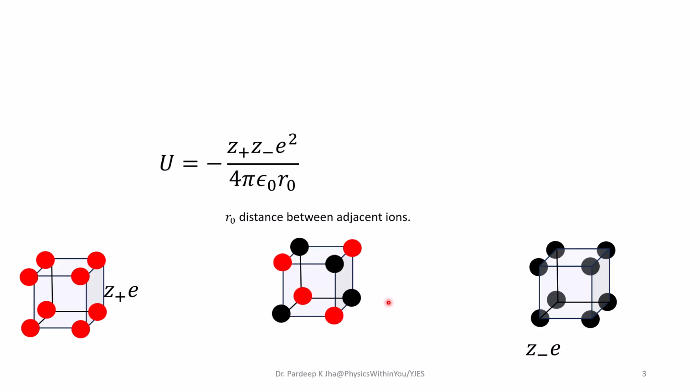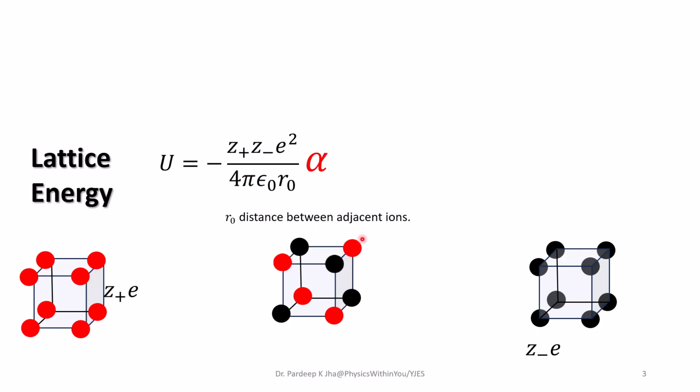Because of these arrangements, this electrostatic potential energy will be altered, and that alteration is denoted by a constant called alpha. And this alpha, together with this term, makes the lattice energy, in the case of ionic crystals at least.